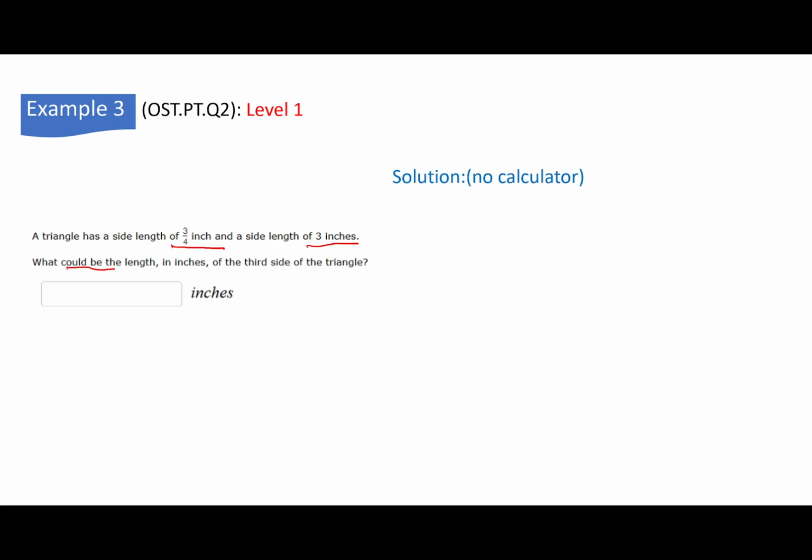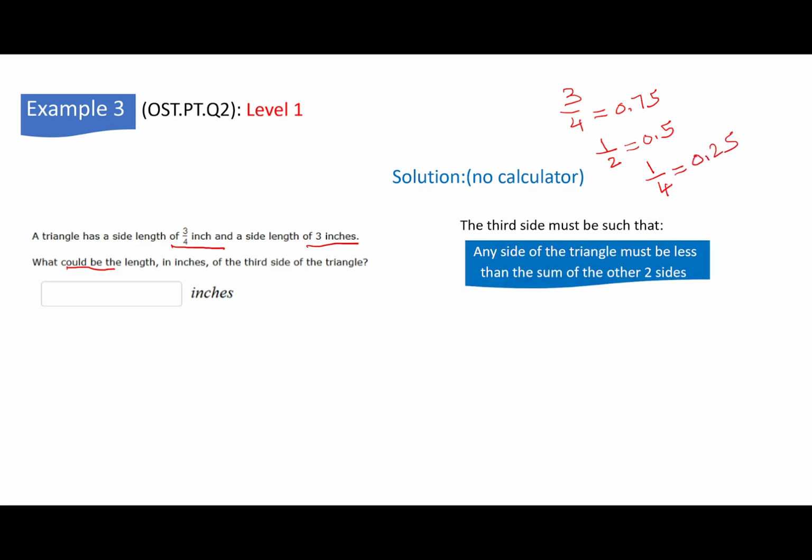So again, for questions like that, I like to turn 3/4 into 0.75. If you have 1/2, you can always turn it into 0.5. If you have 1/4, you can always turn it into 0.25. So again, any side of the triangle must be less than the sum of the other two sides.